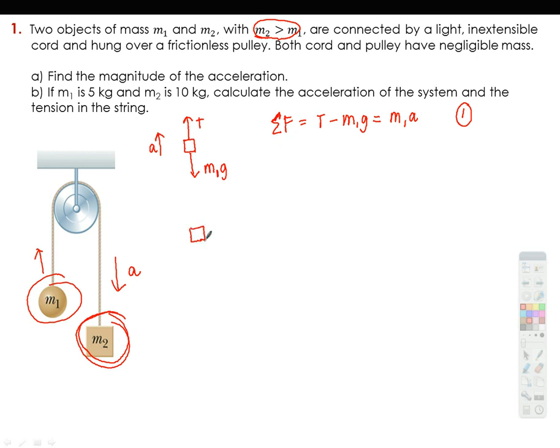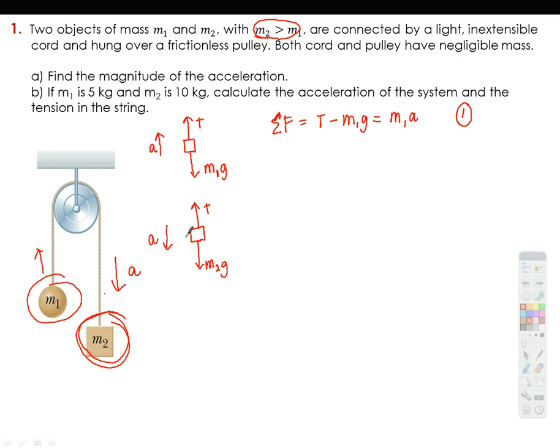Okay, so for your M2, we know that there is a force of gravity going downward, and there is a tension going up. The tension for M2 and the tension for M1, we're assuming that they are the same. Whatever tension is here will be the same as the tension right here. Okay, so going back here, our M2 is accelerating downward, so our acceleration is going down.